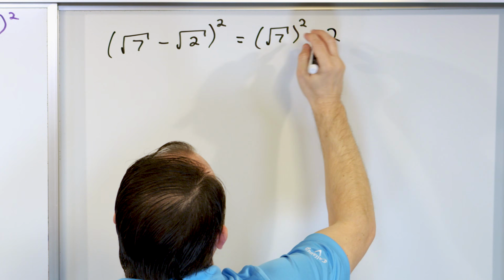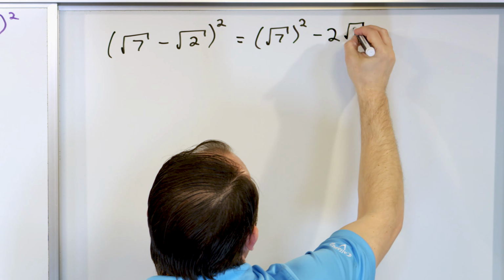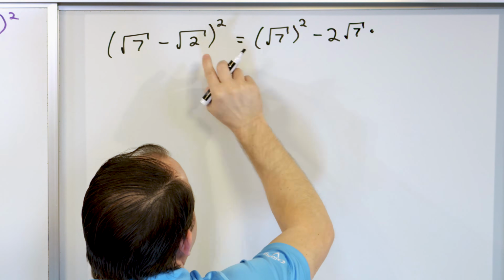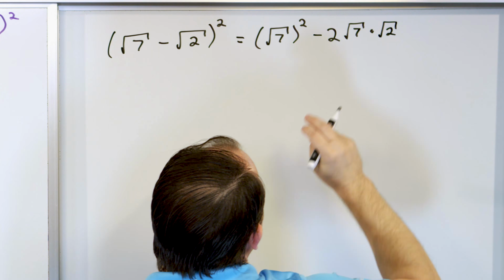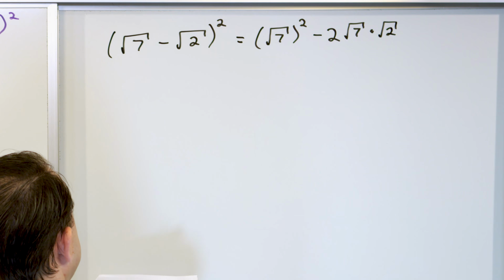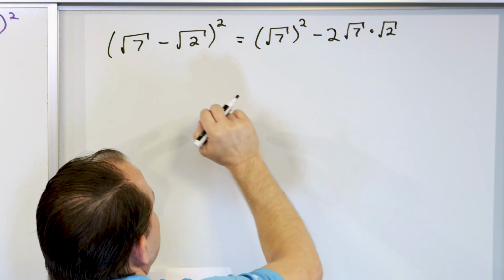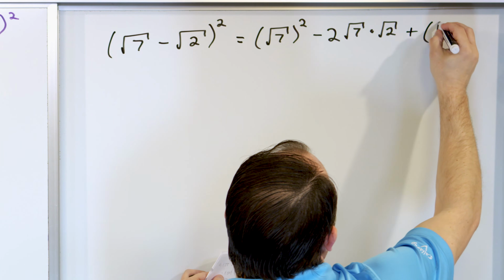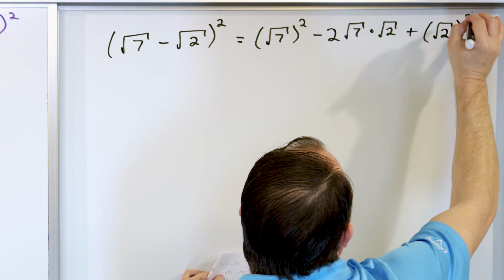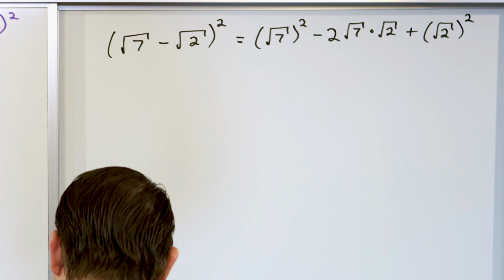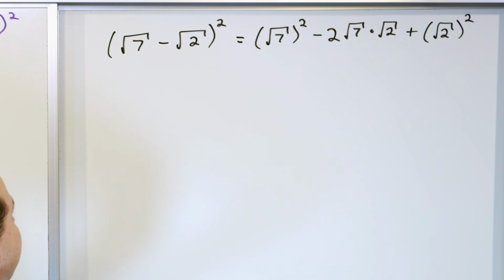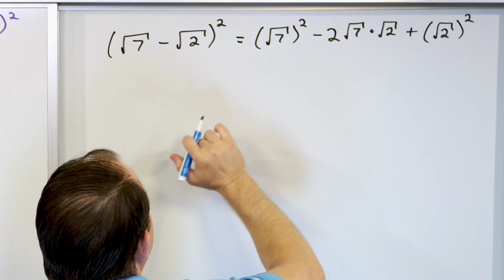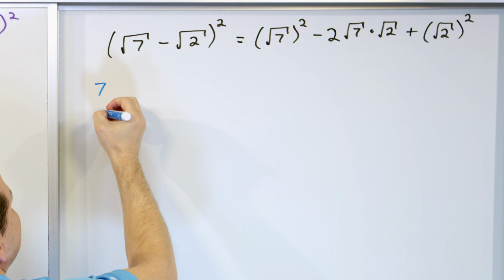Minus 2 times the first term, square root of 7, times the last term, square root of 2, right? And then plus the last term squared. Plus, that's what we just said, square root of 2 squared, like this. So let's go ahead and evaluate all this, and we should be able to get to the answer. The cancellation between the radical and the squaring here will leave us with a 7.